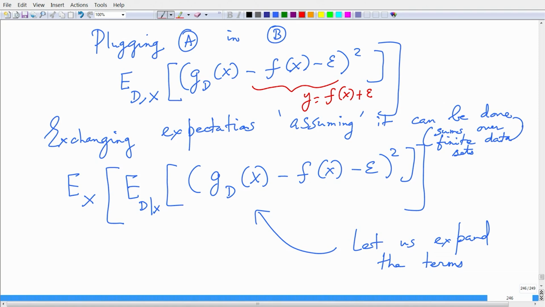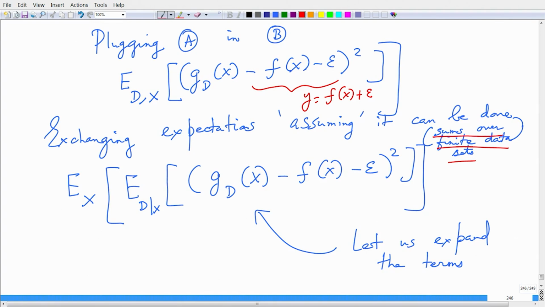So, you can split this quantity as the distribution over D and x to be p of x times p of D given x, that is the probability density on x times the probability density on the data set given x, and you can exchange these expectations in some way, assuming that you can do so. Since we deal with finite data sets, you can do this exchange carefully without pathological cases.